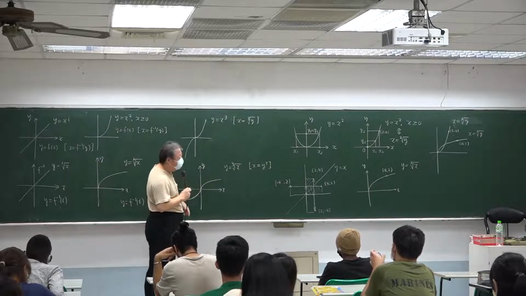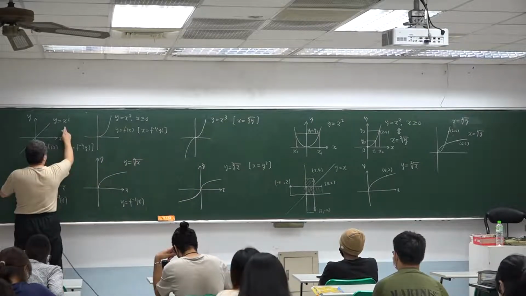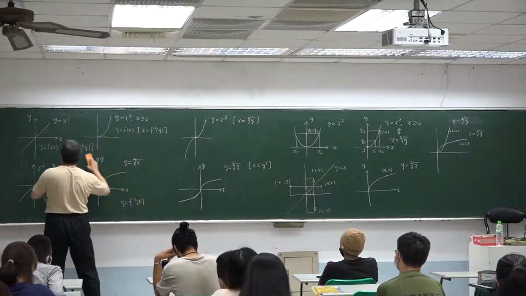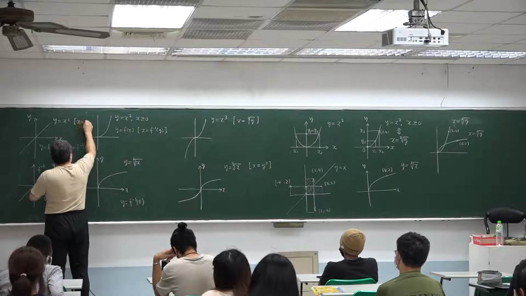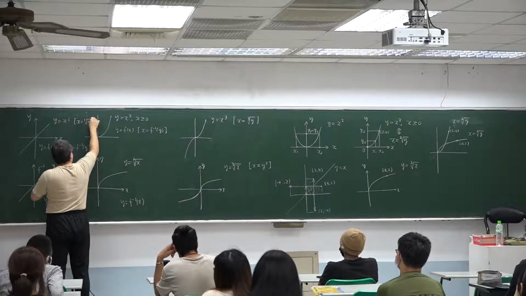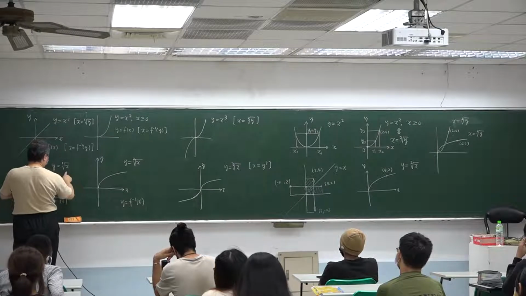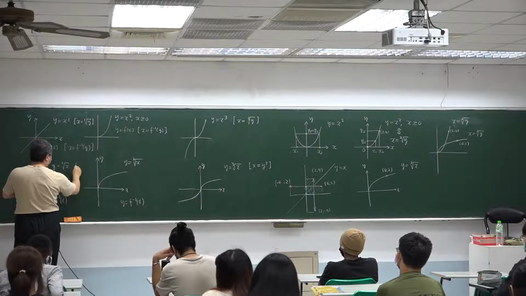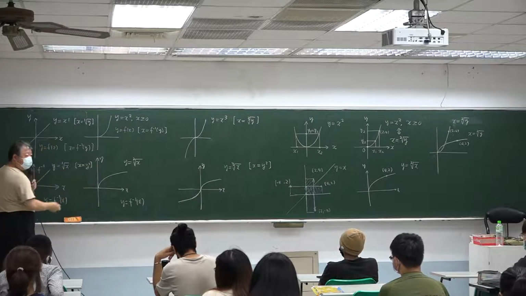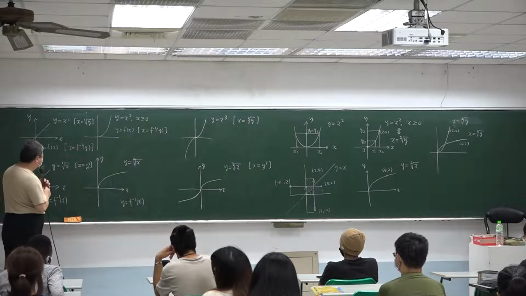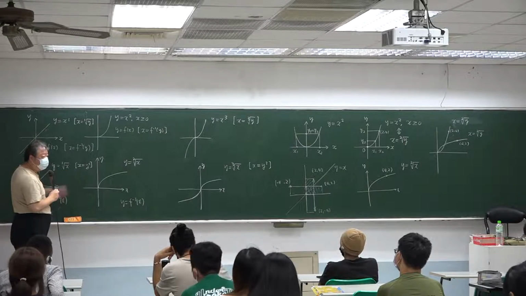Okay, see. Because it is 1-to-1, another name of this one is, but this is x, this is y, x equals y.